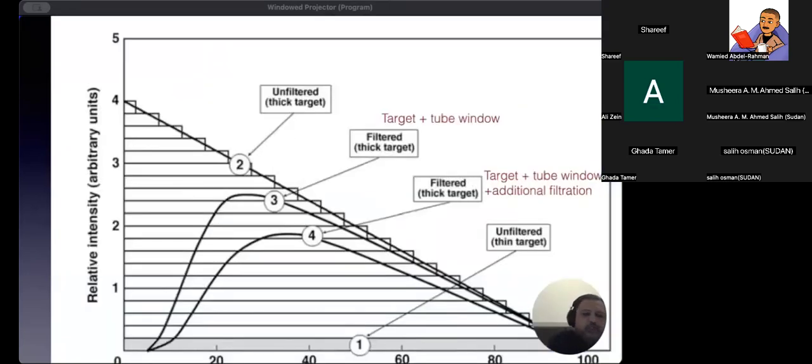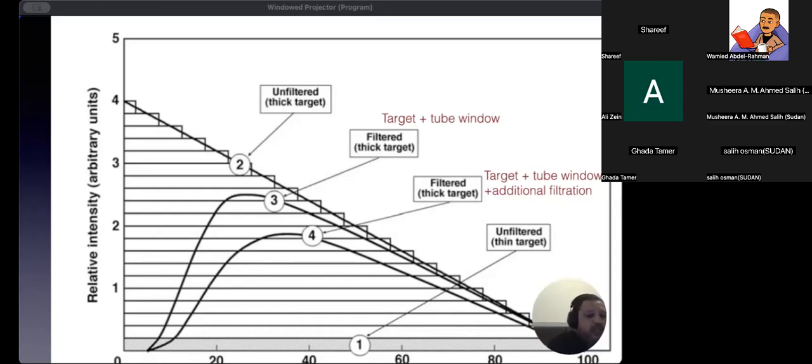Now the filtration could happen, for example, in a typical X-ray tube. We will have filtration from the target and probably from the tube window also. What comes out from the tube window will be filtered. And in diagnostic applications, this is also an approach: additional filtration is added to the beam. When we add additional filtration, all we're doing is decreasing these lower energy photons.